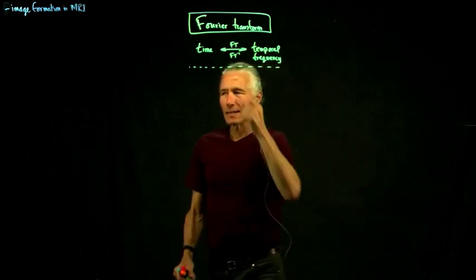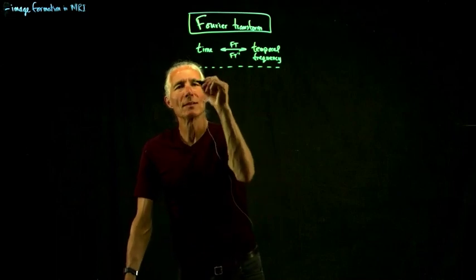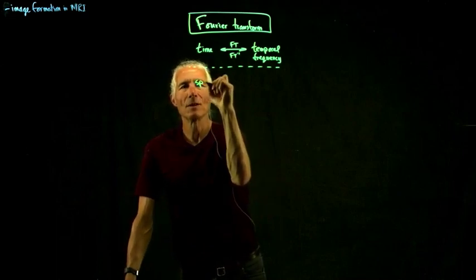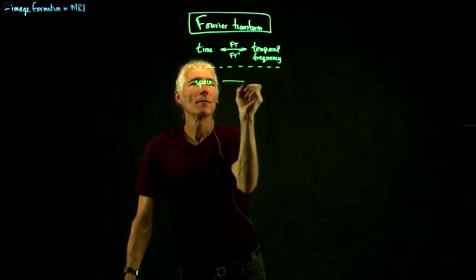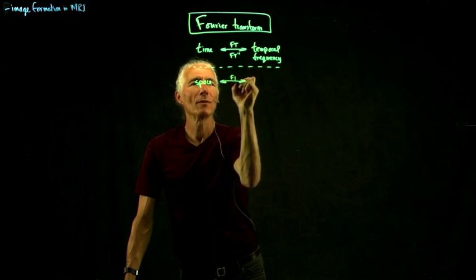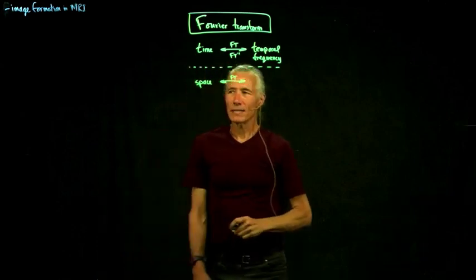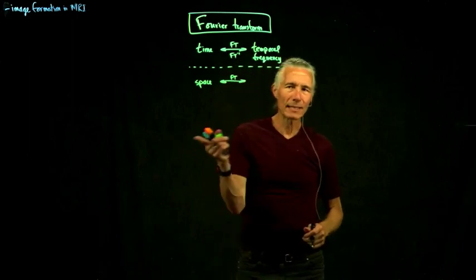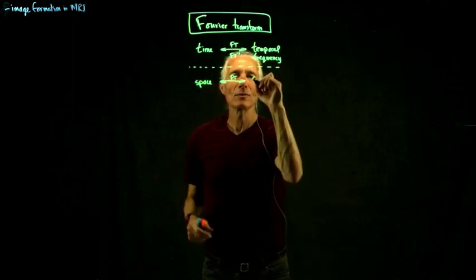But in the case of the MRI, you can do the same thing with an image. So you can convert back and forth with a Fourier transform between space, like position along the x-axis, and spatial frequency.